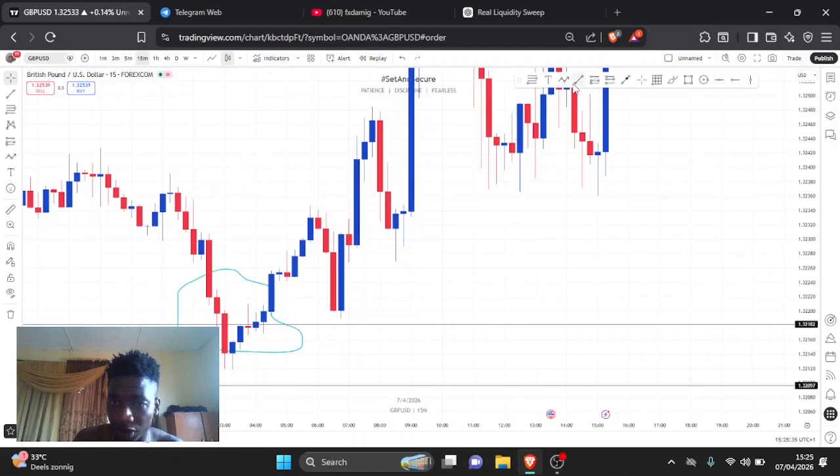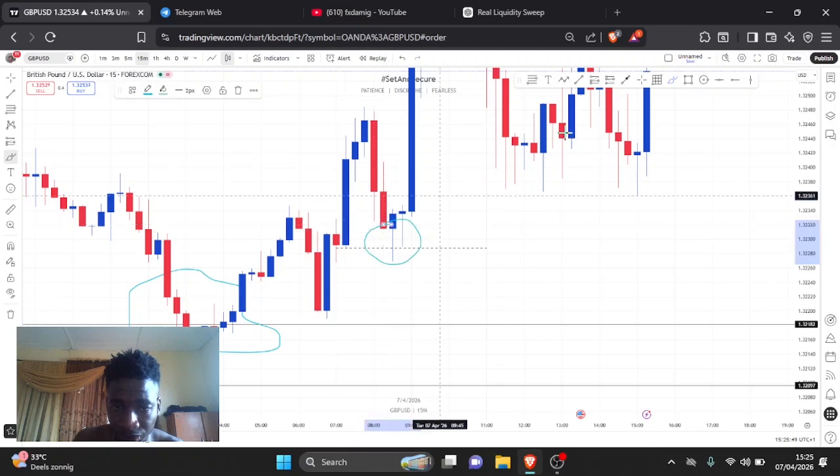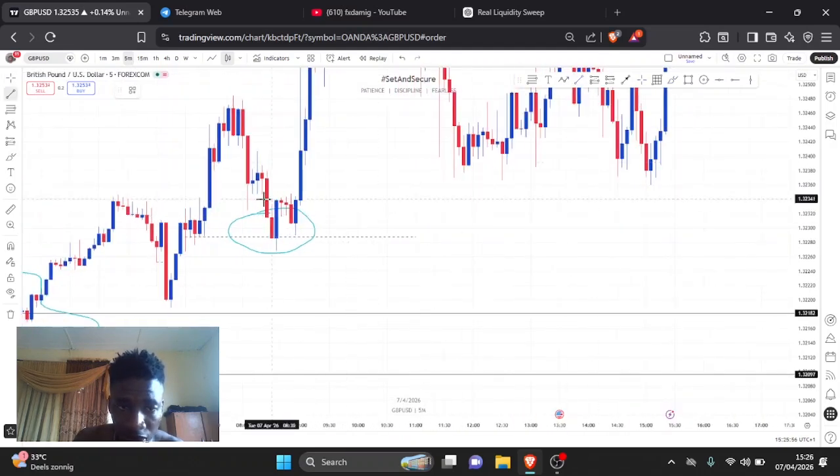Remember, we're looking for liquidity points. We had this, and we also had this point, but as you can see, the market broke below them, so it's not valid. I think this one is valid. We mark it out, go to the 5 minutes, and look for an explosive move. Now what do we see? We see a break of structure here.